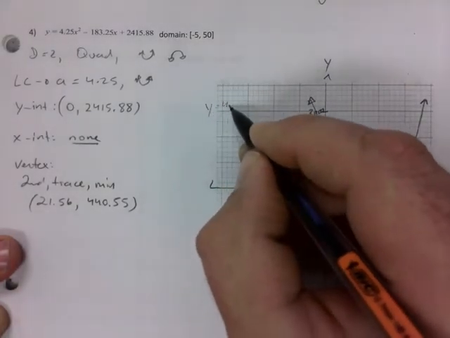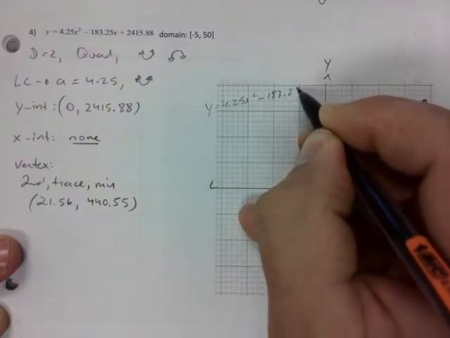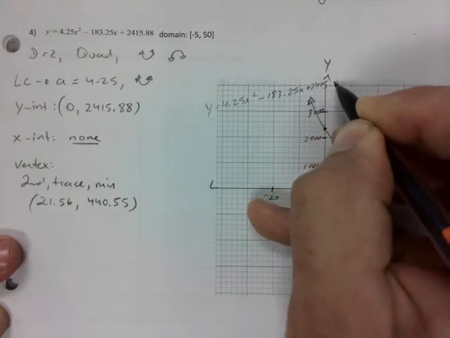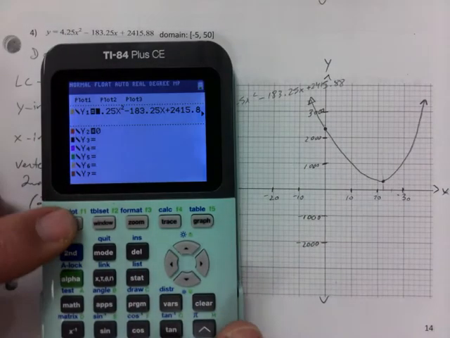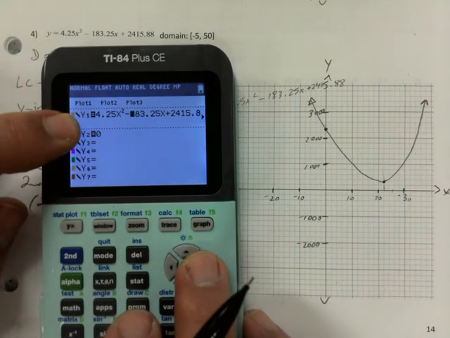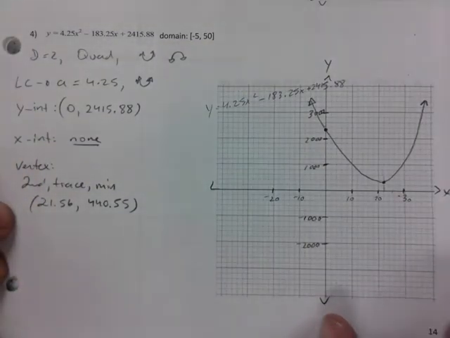Y is equal to 4.25x squared minus 183.25x plus 2415.88. So let's see if I typed it in right. 2415.88. Yeah, we're good. So this is your graph.